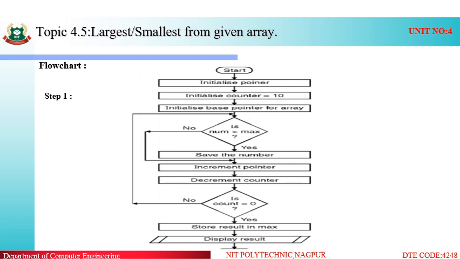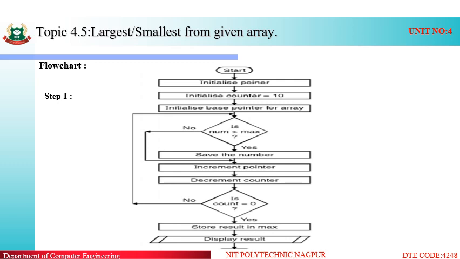So whatever the size of the array is, that will be the counter count. So first we use the pointer to point to the current index of the array element, and next we use the counter. The counter will tell how many times we have to iterate through the array.